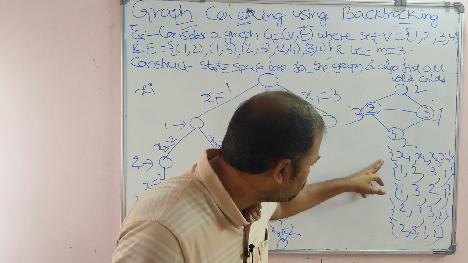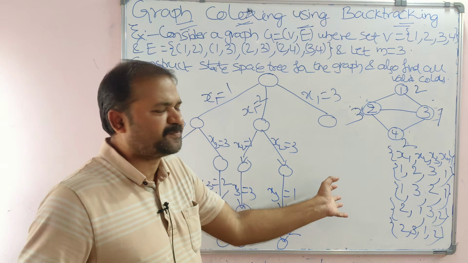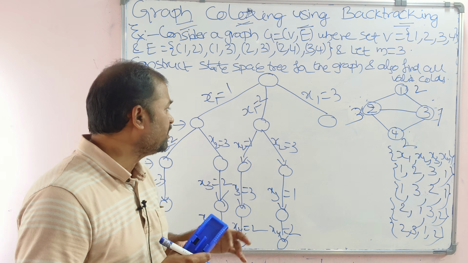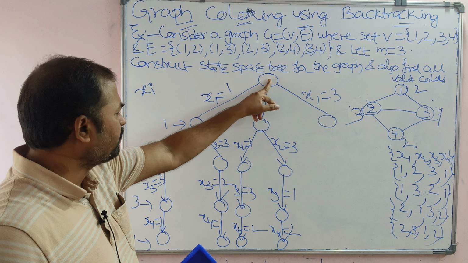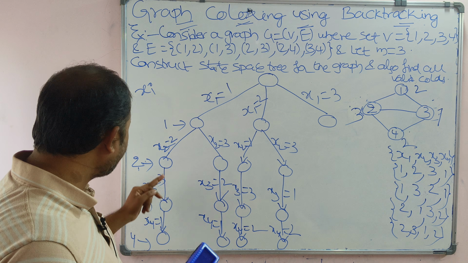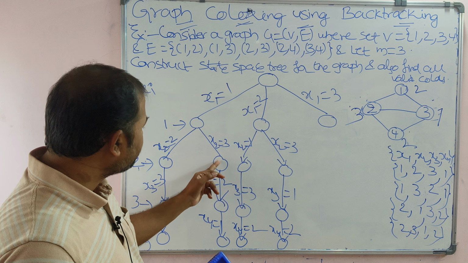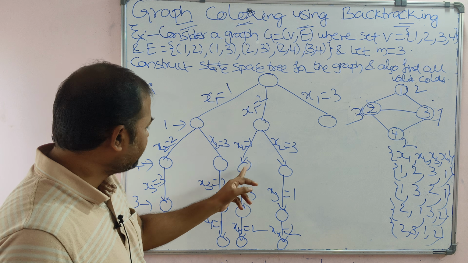So totally how many solutions are there? 1, 2, 3, 4 and 2 more solutions in this path, so 5, 6. If we give the node names, then we have to give like this: 1, 2, 3, 4, 5. Backtrack, backtrack, backtrack. 6, 7, 8. Backtrack, backtrack, backtrack. 9, 10, 11.